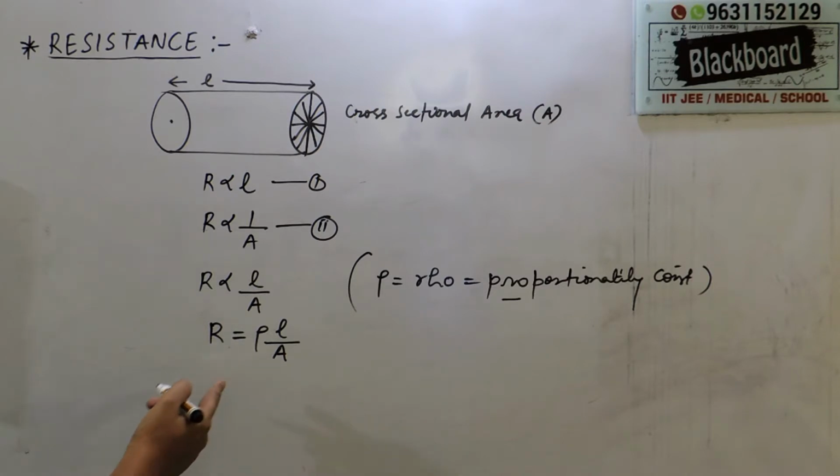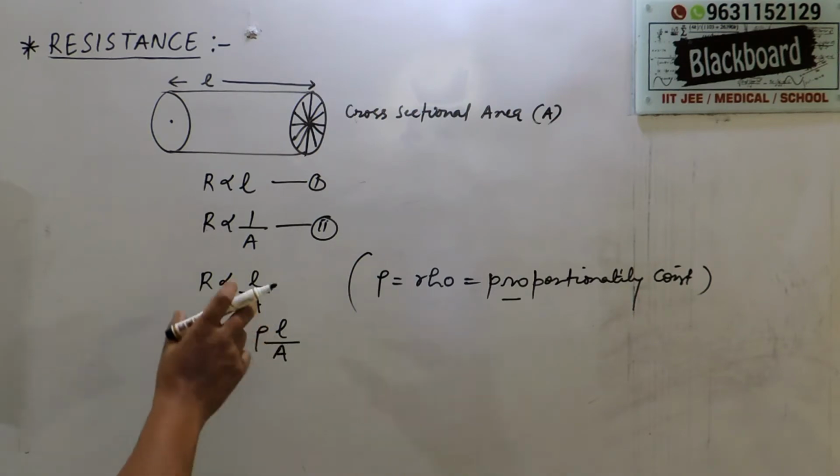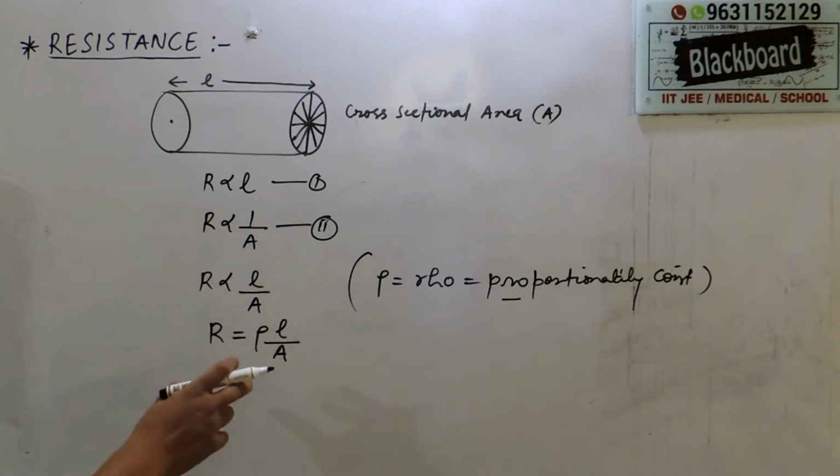Resistance depends on the type of material. In fact, rho accounts for the difference in resistance due to the difference of material. Obviously, a material with a high value of rho will have a high value of resistance and vice versa.